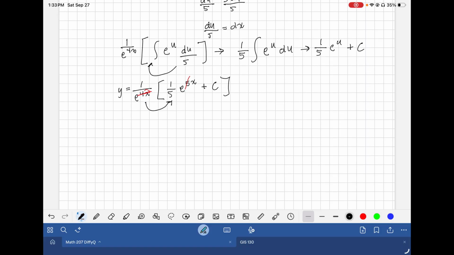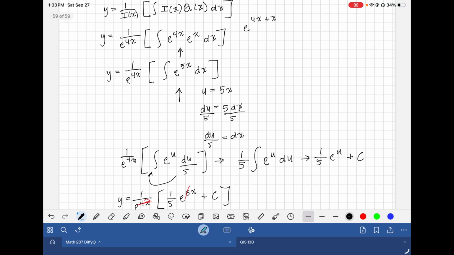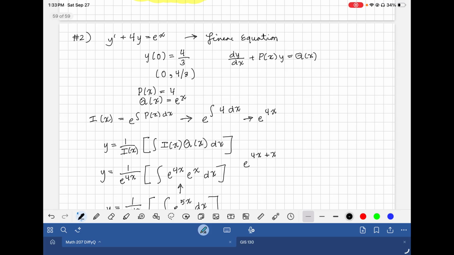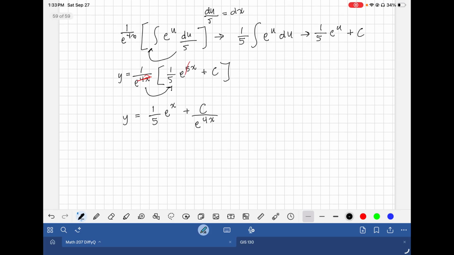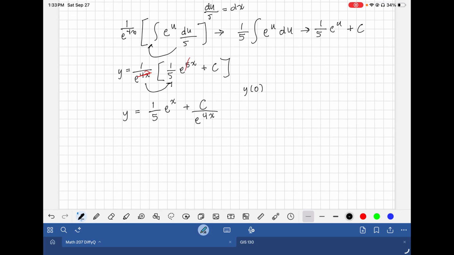So we're going to have 1/5 e to the x plus C over e to the 4x. And so that's going to be our y equals. And now we can go back and see that we have the initial value, and we can solve for C.